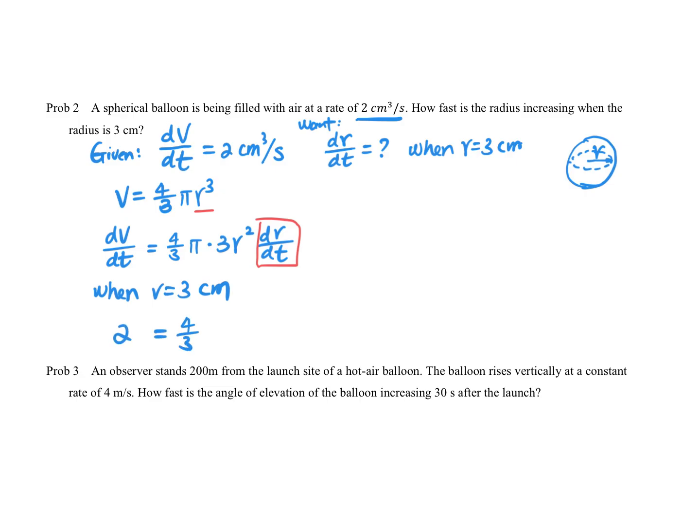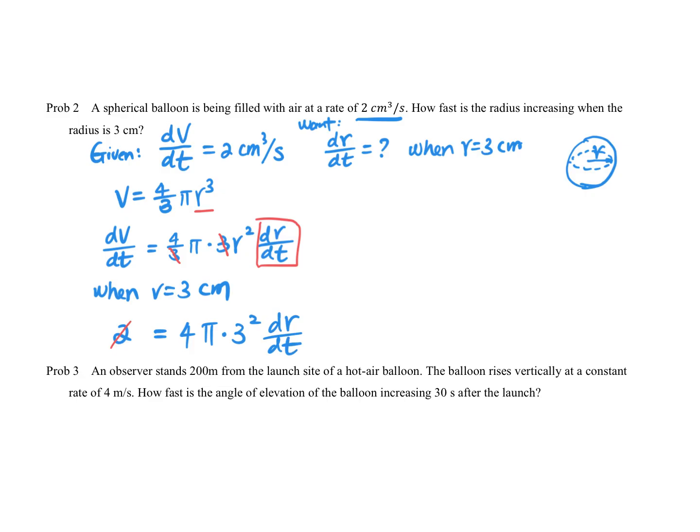By the way, we should simplify this a little bit. Cancel the 3, so I don't really need to write 4/3. It's just 4 pi r squared, so r is 3, so 3 squared dr dt.